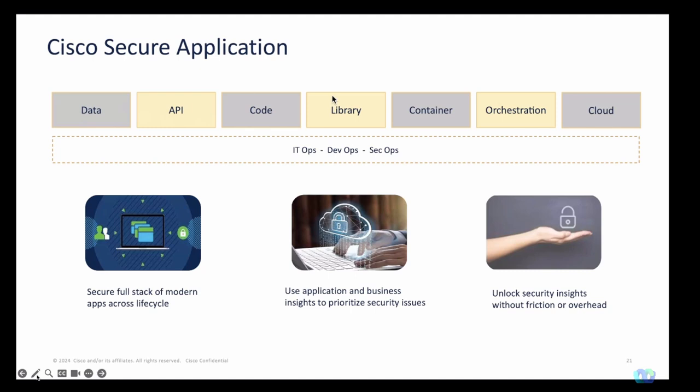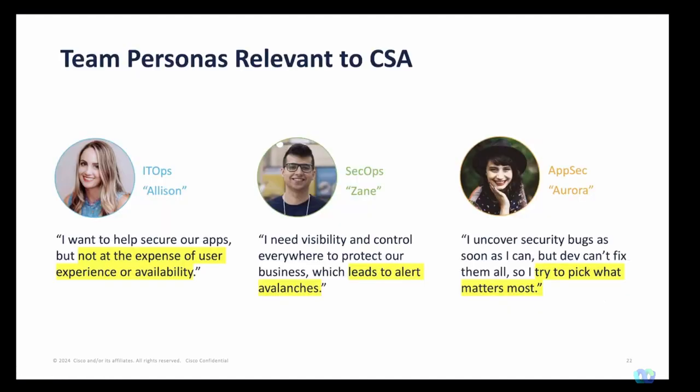Now, folks who are familiar with AppDynamics would be well aware that we talk about personas when we talk about different functionality in AppDynamics. So one such persona is IT ops, right? Their primary focus obviously is user experience and availability, but that's not to say that they are not keen about security.